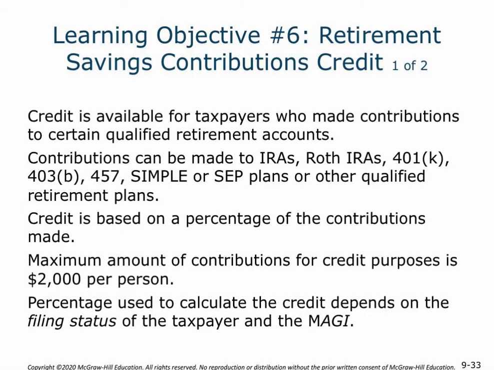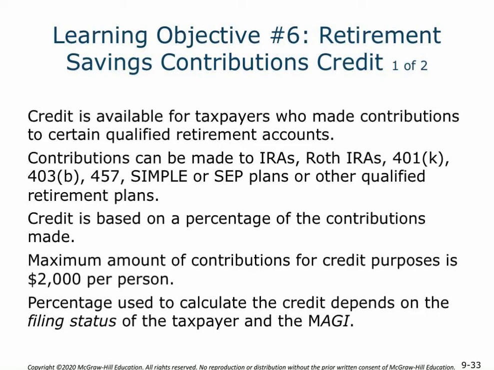Learning objective 6, retirement savings contribution credit. One of the things that the federal government incentivizes is savings. In addition to the systems set in place to incentivize folks that are working to save through, for example, IRAs or 401(k)s, 403(b)s, there's an additional credit available for those that don't earn that much, to incentivize them to save more than they ordinarily would.